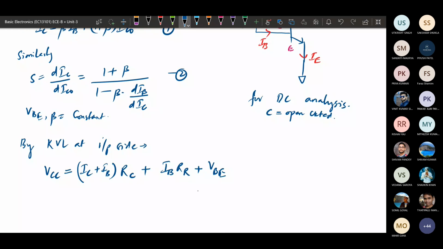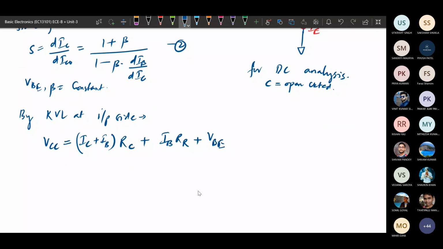Once we have this, we need to separate the IB and IC terms. We write VCC equals, the IB terms are this IB and this IB, so it will be RC plus RB multiplied by IB, plus RC IC, plus VBE.